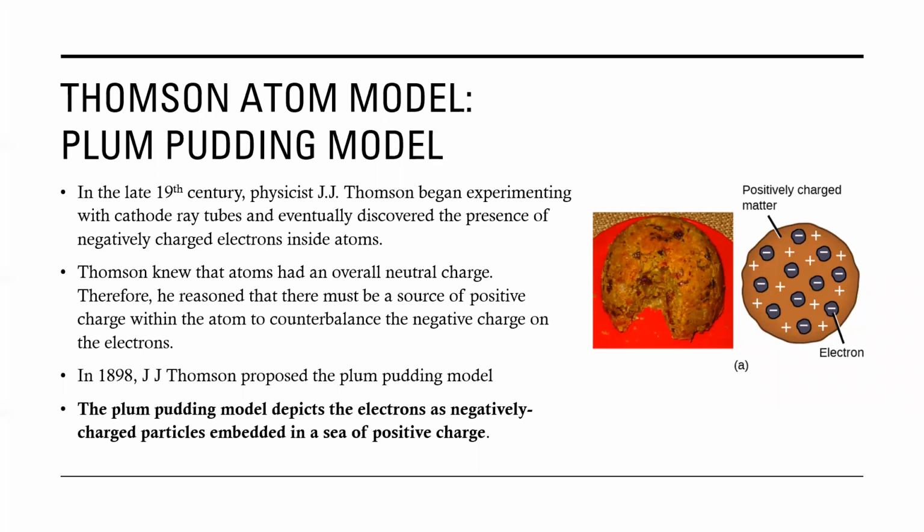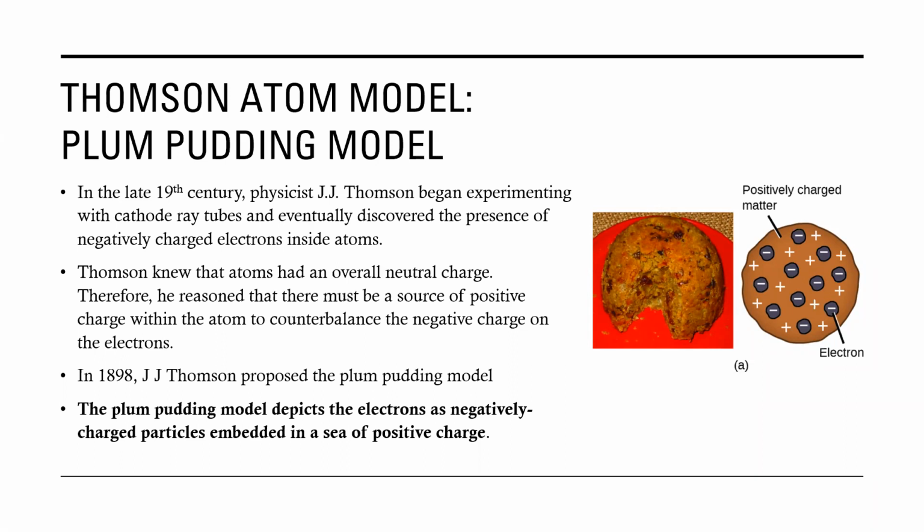You can also compare that to the inside of a watermelon. After you cut out all that green part, the skin part, you can see a red flesh of watermelon. So compare that red flesh of watermelon to the positive sea, positive charge. What is inside that red flesh? You can see black seeds embedded inside that red flesh.